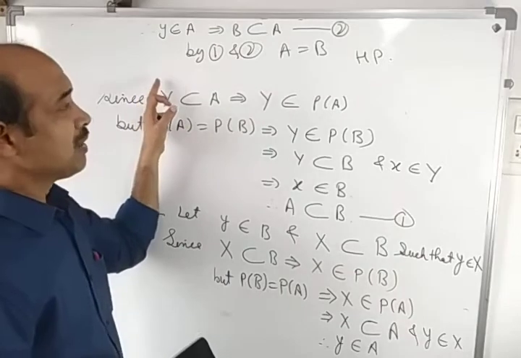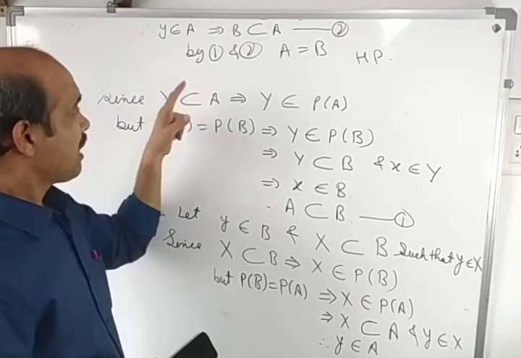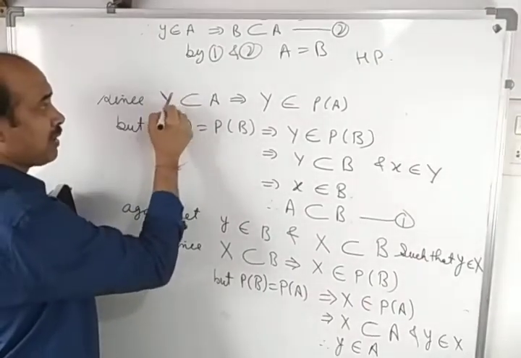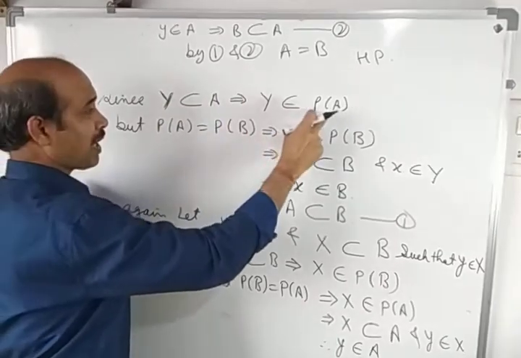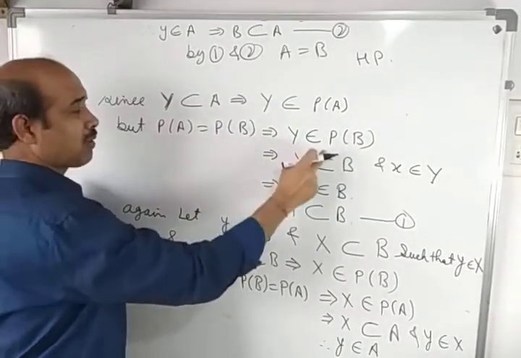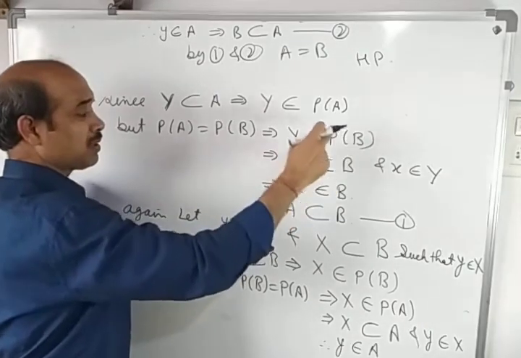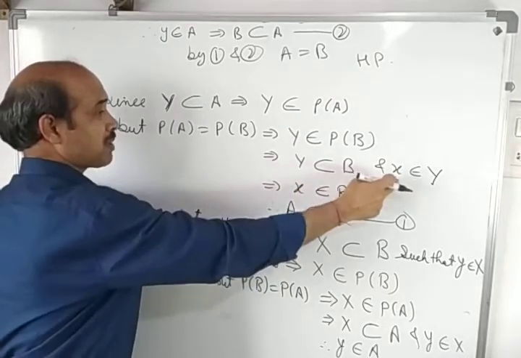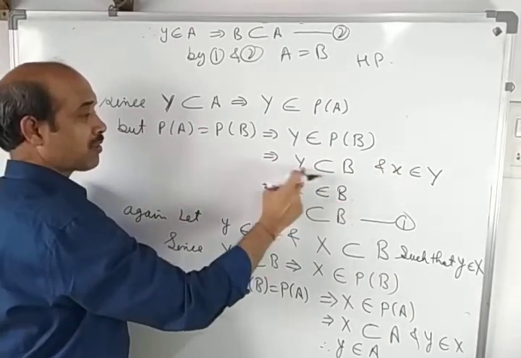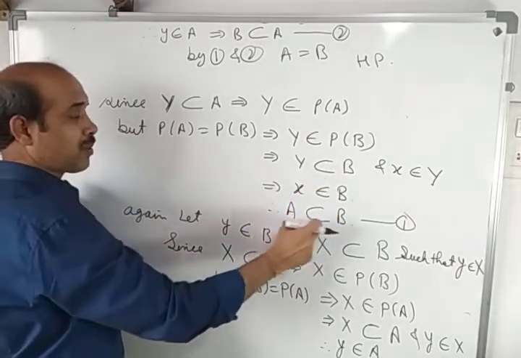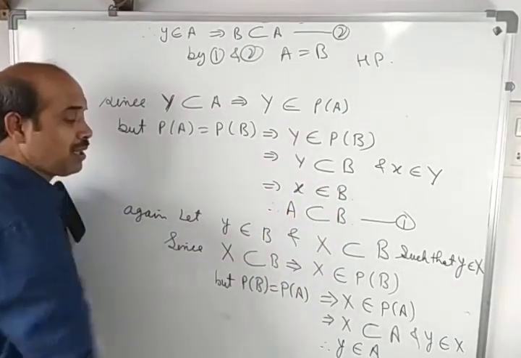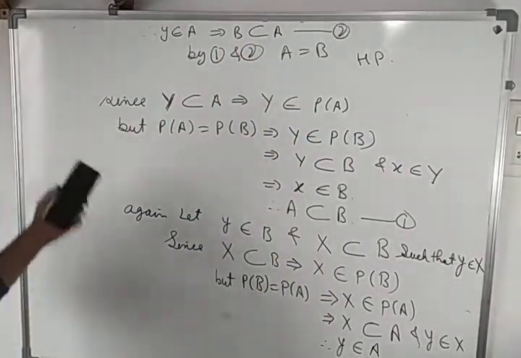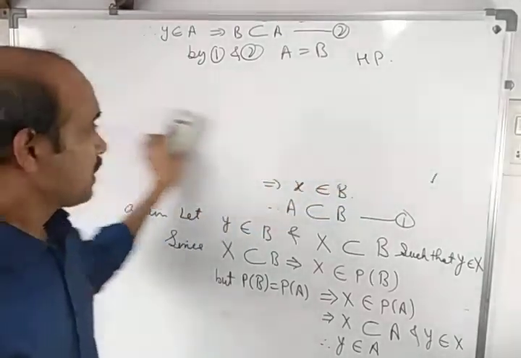In the beginning we wrote y belongs to A, and subsets should also be taken. y is a subset of A, so it will be an element of the power set, but the power sets are equal, so it will be an element of the power set of B, and then it will be a subset of B. So the element belonging to y will also be in B, because it is in a subset of B. So A is a subset of B. The same logic will be used again to prove that B is a subset of A, so they are equal. So that was question number 6.